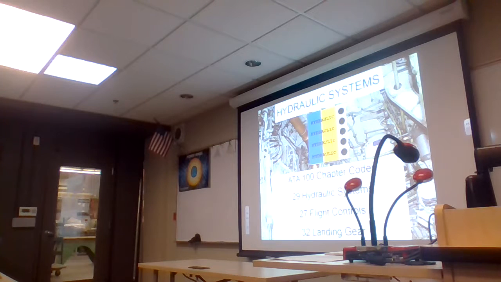If there is no hydraulic system, there will be no Chapter 29. Also, Chapter 27 will generally be flight controls, and landing gear will be Chapter 32. I'd like you to remember at least the number Chapter 29. So please remember that. Important.